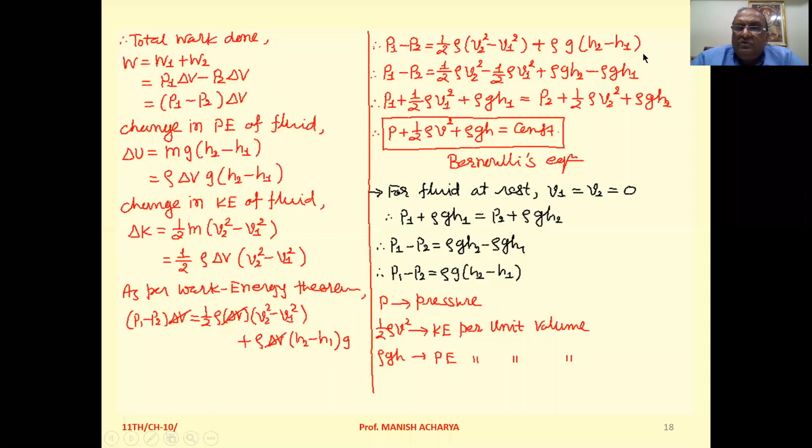Clear? So in a 1-mark question, if asked to give the dimensional formula and unit of kinetic energy per unit volume or potential energy per unit volume, directly write the dimensional formula and unit of pressure, because all have the same dimensions and unit in this equation.